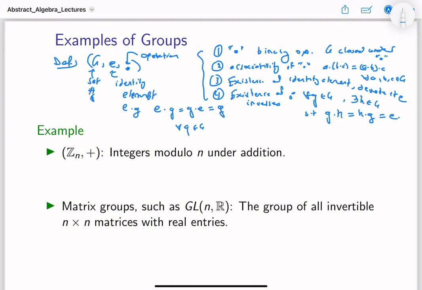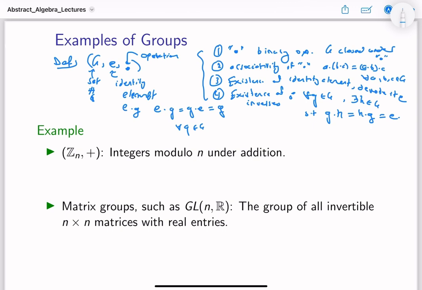So this is what we discussed in the last video, and we're now going to give more examples of sets that satisfy these axioms, and thus they form a group.